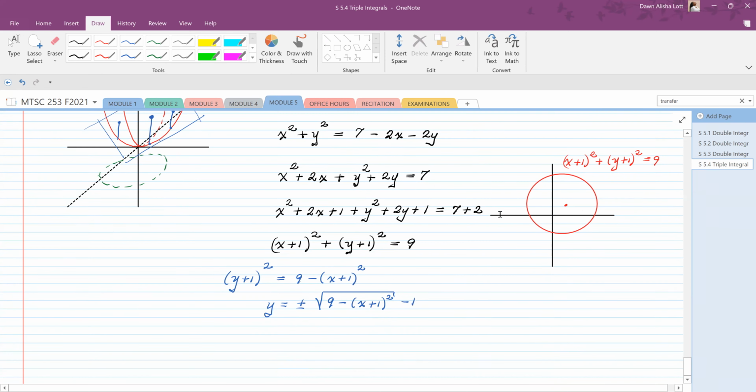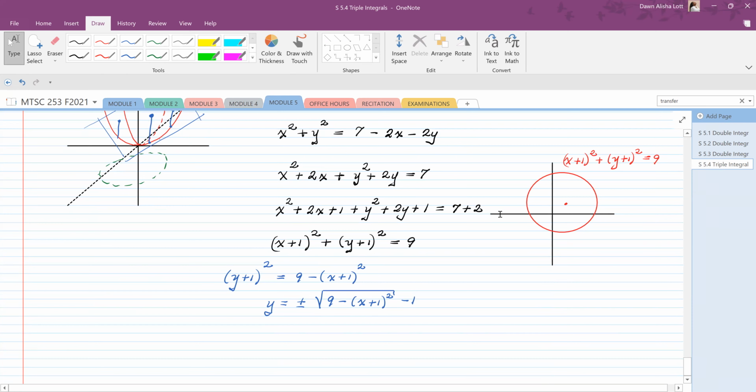Okay, so for this bottom, y goes from minus 1 minus the square root of 9 minus (x plus 1) squared, up to minus 1 plus the square root of 9 minus (x plus 1) squared.